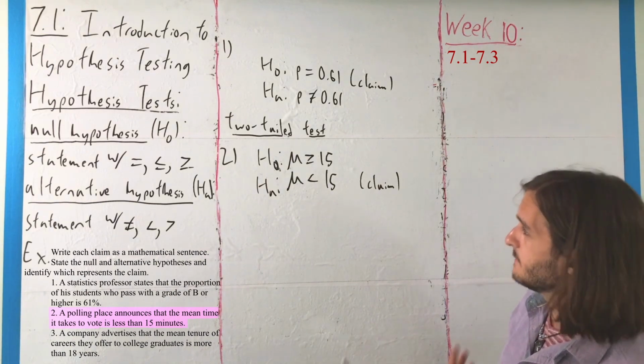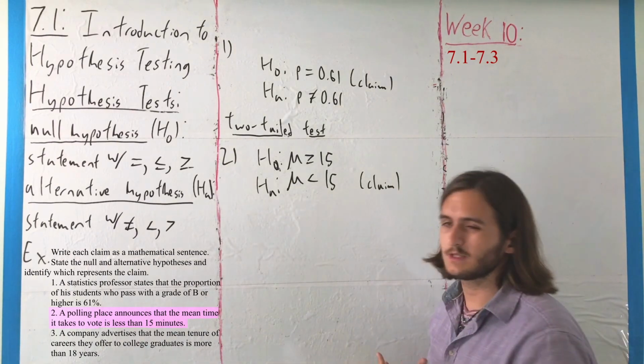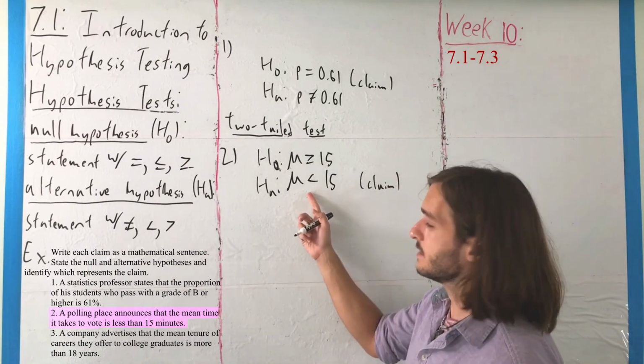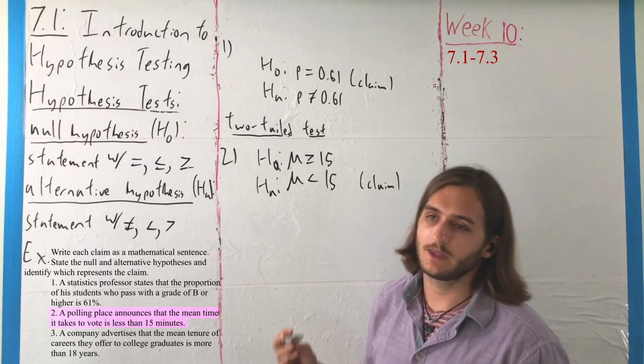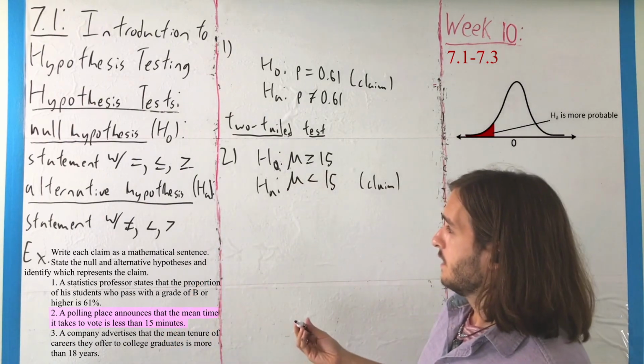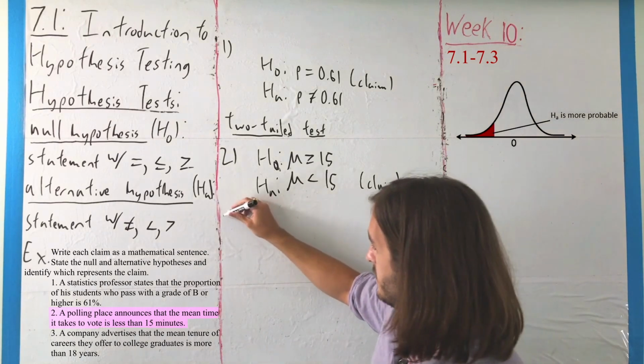And for this, because when we're looking at our alternative, that's usually what determines the tailed part of the test. But because we're looking for things less than, if we're going to think about that in terms of a distribution, which just float in the back of your head for now, we're looking on the left side.